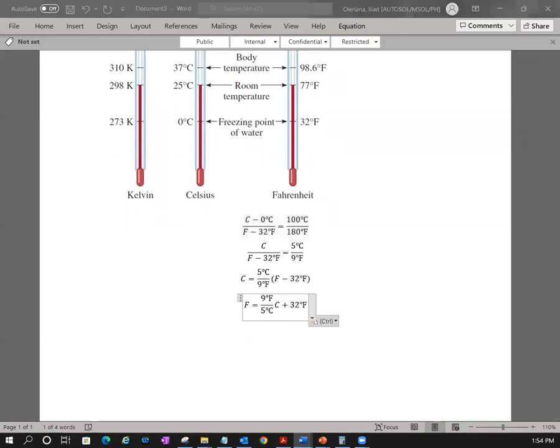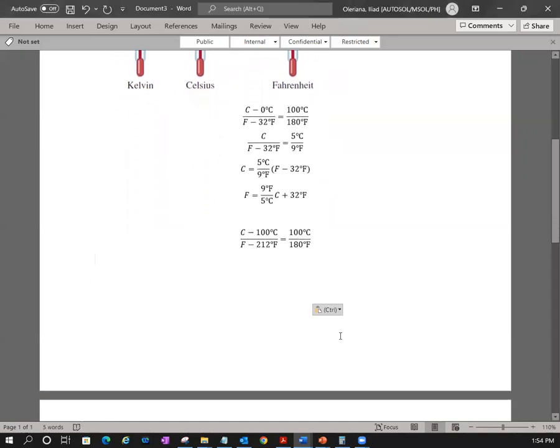So your equation would look like this. C minus 100 degrees Celsius, and below, F minus 212 degrees Fahrenheit. The right side is still the same, because the graduation is still 100 in Celsius, 180 in Fahrenheit.